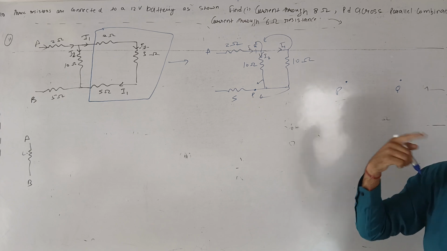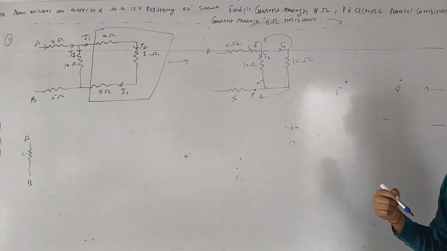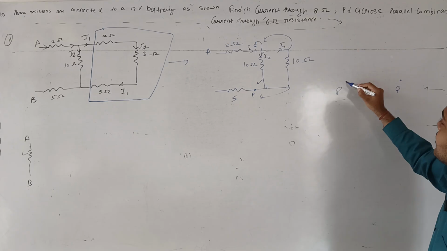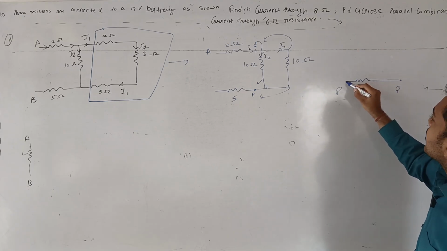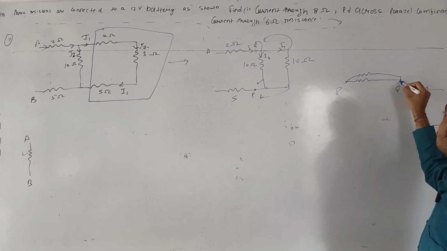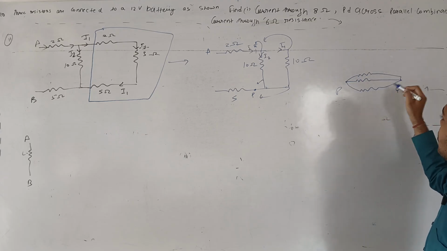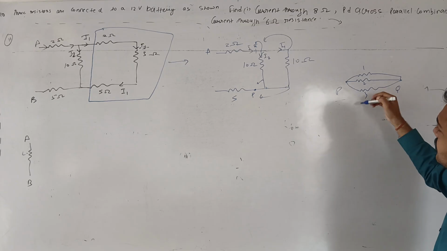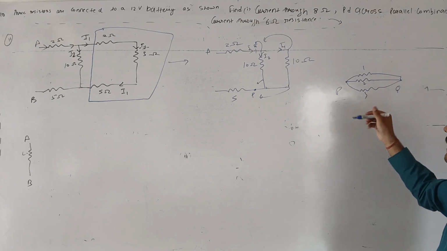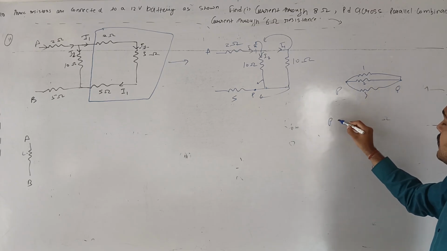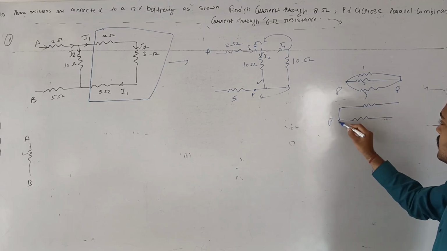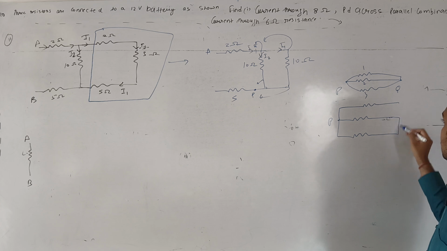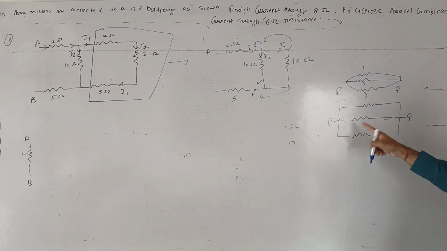There are two ways in which two resistances can be directly connected. If we connect them like this, all three resistances are directly connected. And if we draw a diagram like this, here also all three are directly connected.